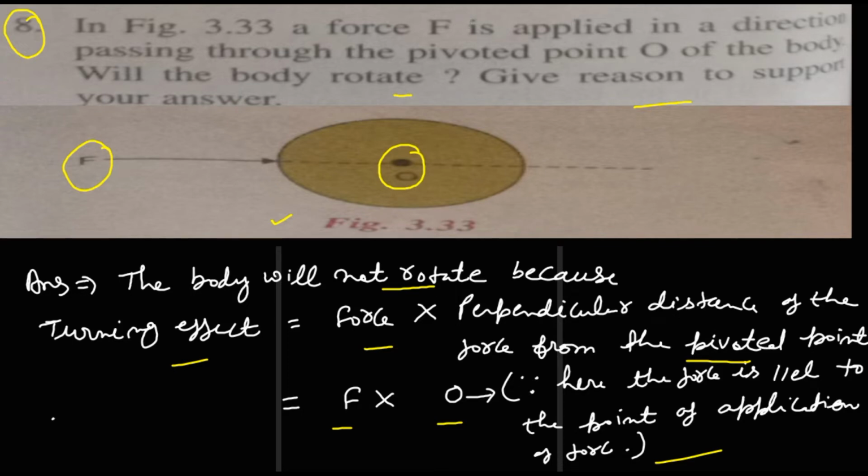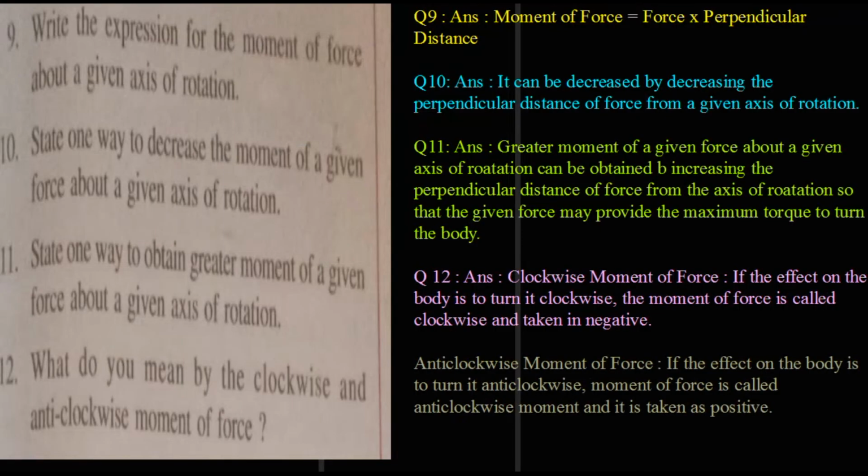Now we will move on to the next question, that is question number 9. Write the expression for moment of force about an axis of rotation. So this is the answer. Moment of force would be equal to force into perpendicular distance. We have just read this on the previous page, right? Next is, state any one way to decrease the moment of a given force about a given axis of rotation.